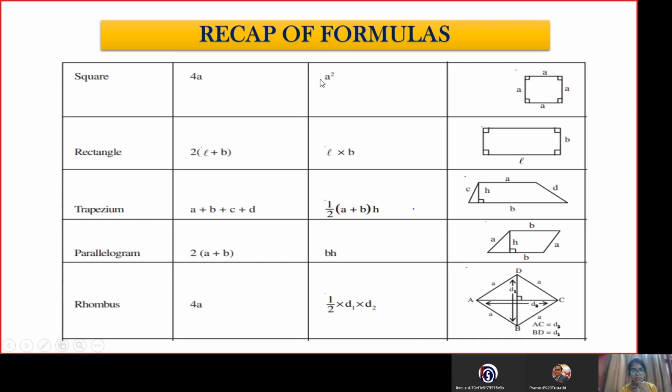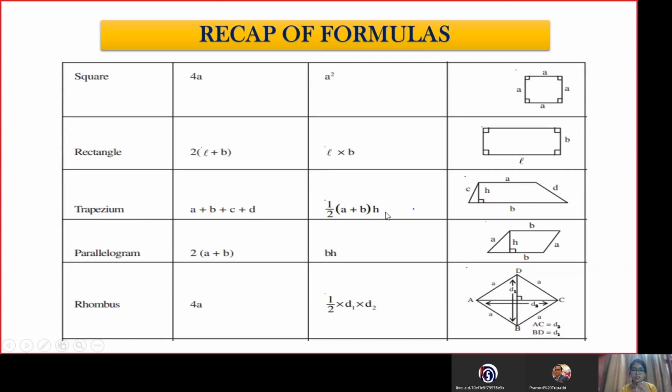Then, perimeter of a rectangle is 2 into length plus breadth, whereas area of a rectangle is length into breadth. Perimeter of a trapezium is sum of all four sides, and area of a trapezium is half into sum of parallel sides into corresponding height.